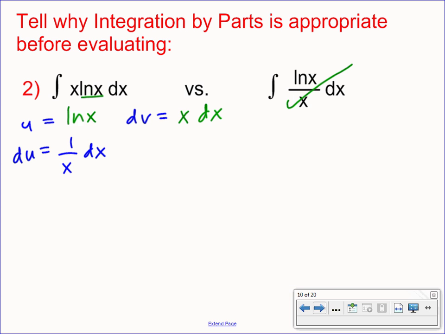When I differentiate u, that goes to du, and the derivative of ln of x is 1 over x dx. When I integrate dv to generate v, I need an antiderivative for x with respect to x. Can I do that? Yeah, it's x squared over 2.